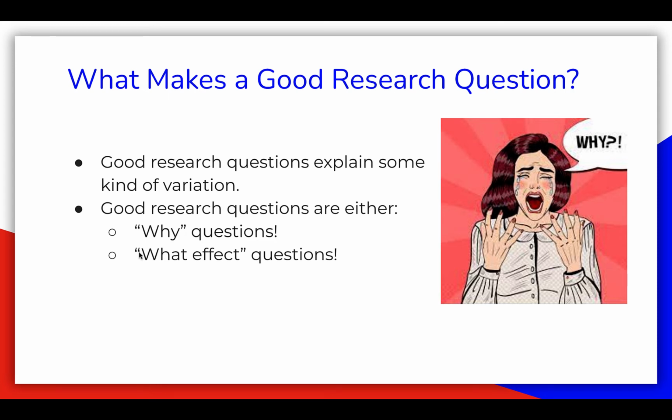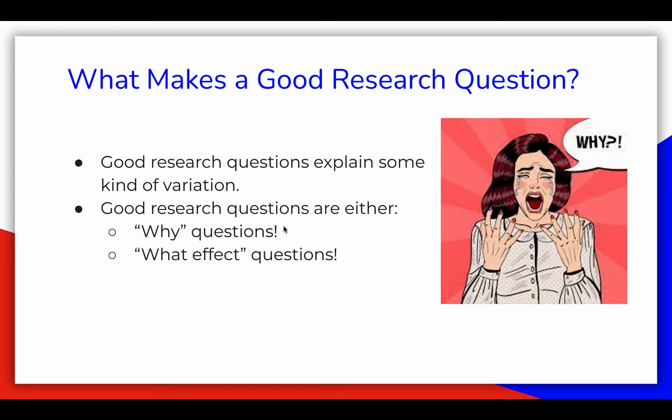So this is why I also include the what effect questions. So what effect do investments in quality food in school districts have on educational outcomes, for instance? Perhaps you're interested in that first component, right? The effect of quality food on educational outcomes.